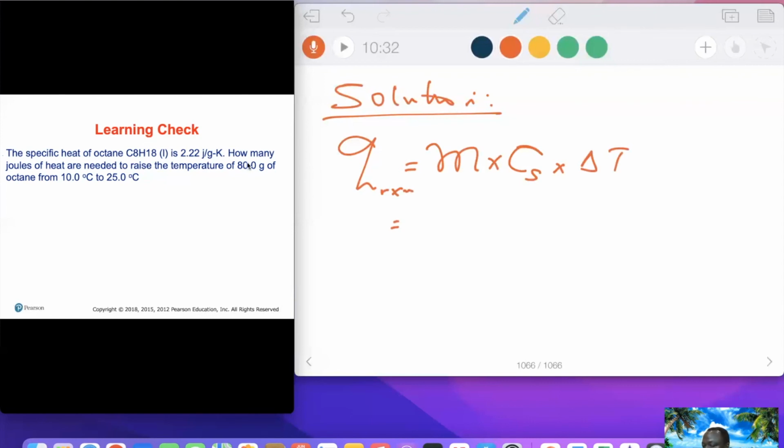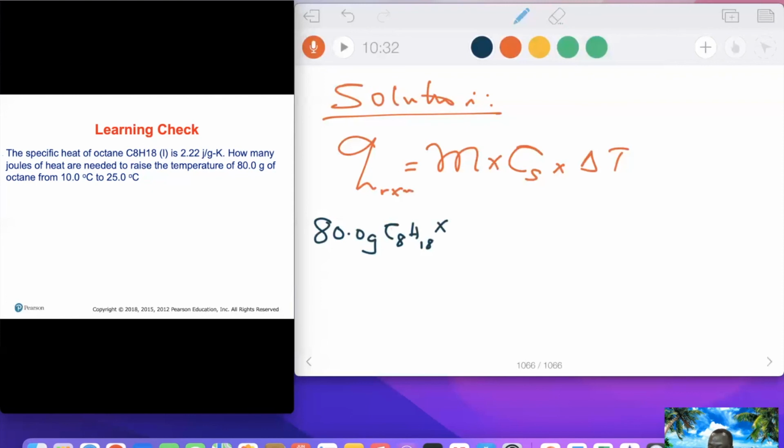It's 80 grams of C8H18. This is the mass times the specific heat.